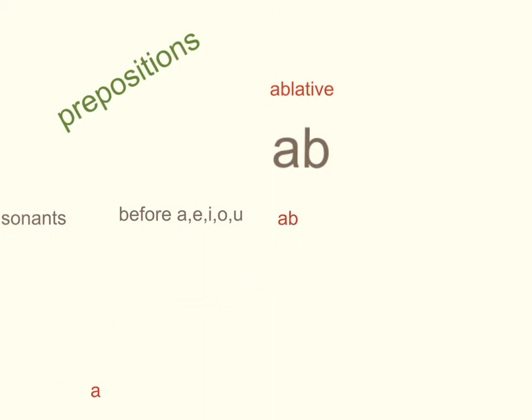But when the preposition is used before a consonant, we use the form a. Now that a is special, and I'm going to add that in here. It's special because it requires that we insert a macron on the top when it's used by itself. Okay, so we have a before consonants and ab before vowels.